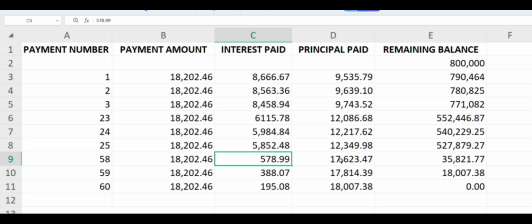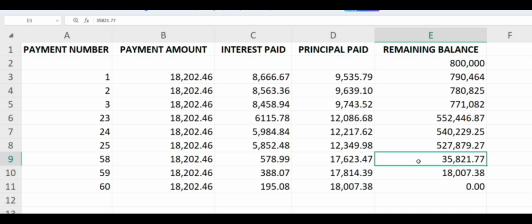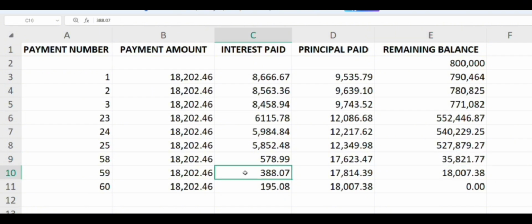And for our 58th month, our interest paid is 578.99. And for our principal paid, by subtracting our interest paid from the payment amount, 18,202.46 minus 578.99, that would give us a value of 17,623.47. And for our remaining balance, we have 35,821.77.